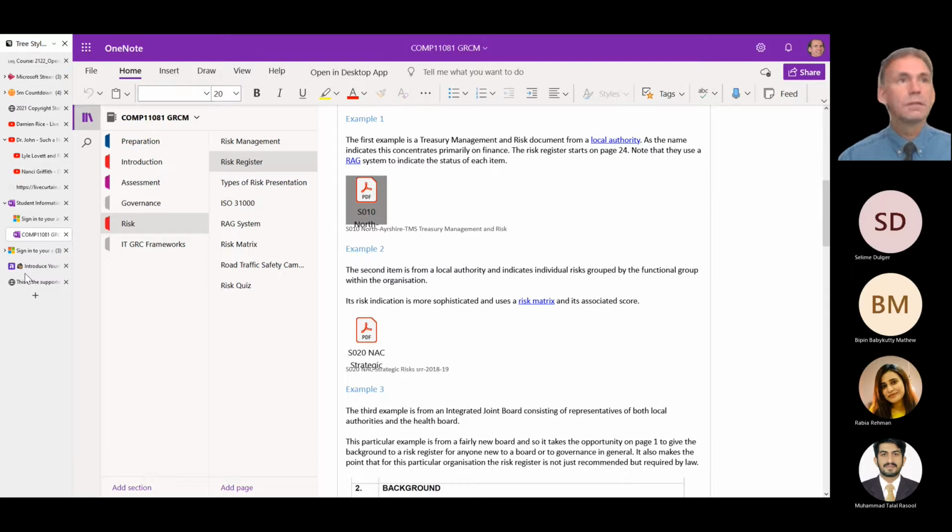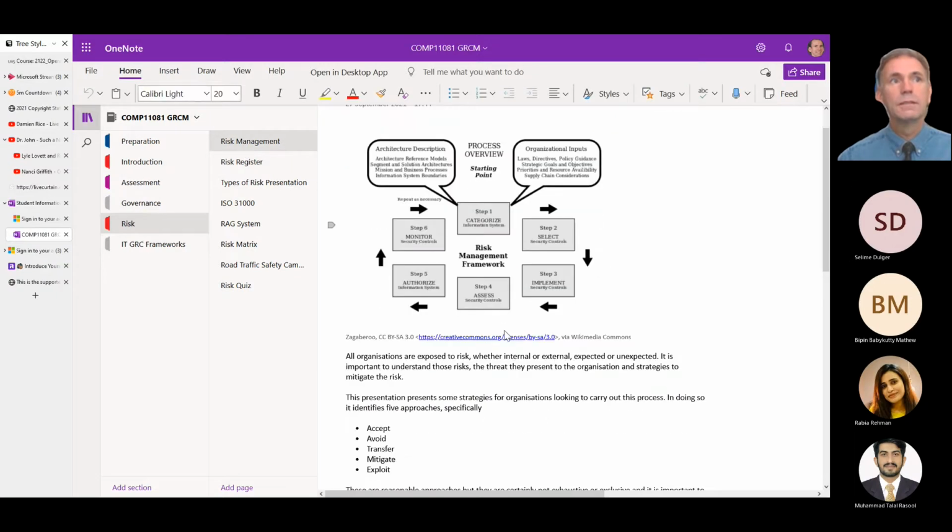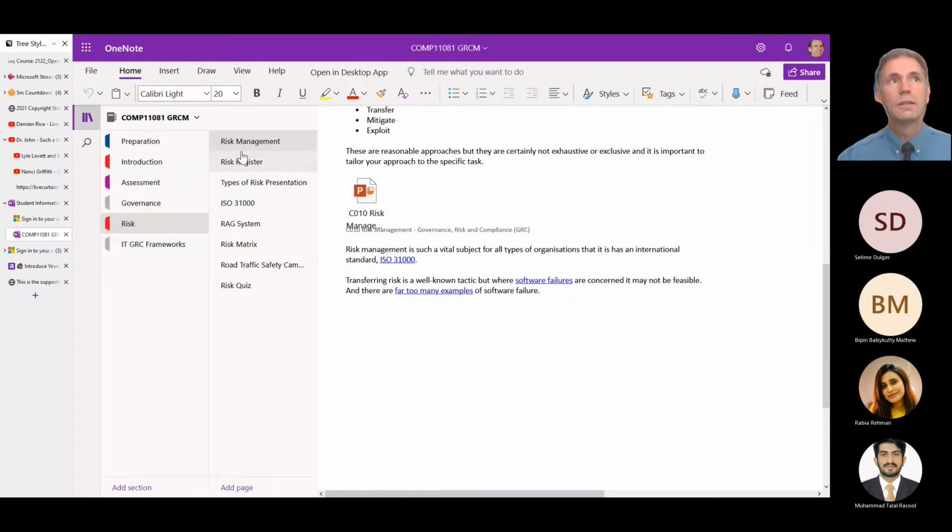The bit that's missing in the OneNote notebook is simply the quiz questions, but all the materials are there. So we have gone through governance, and now we're going on to risk.